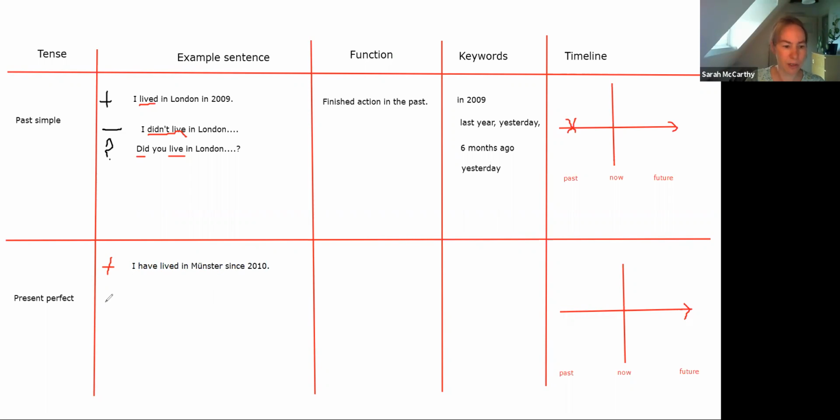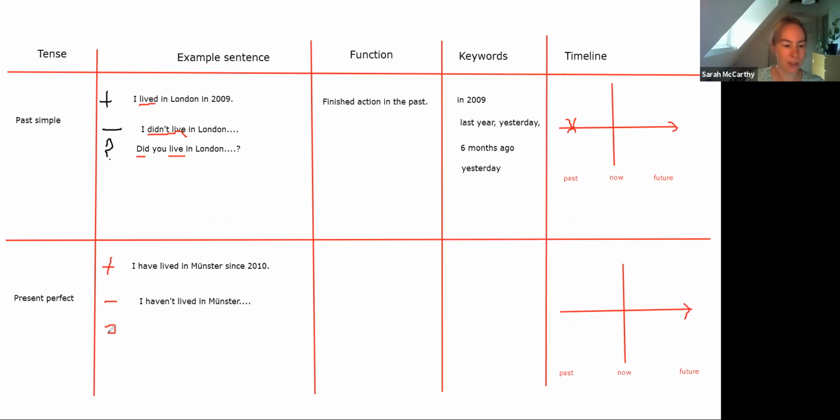The negative version would be: I haven't lived in Munster since 2010.